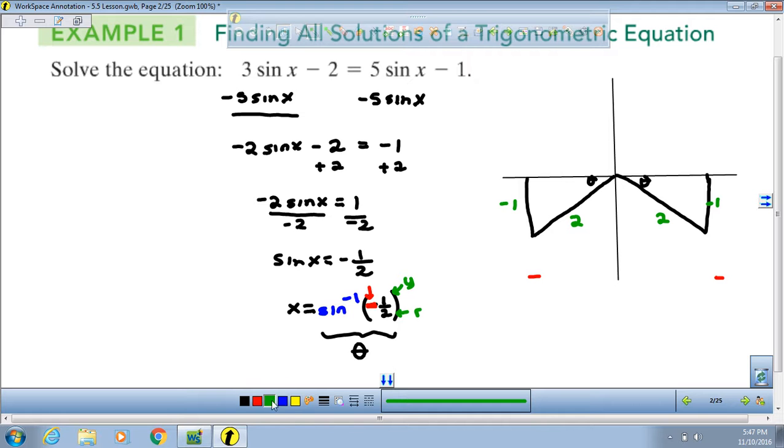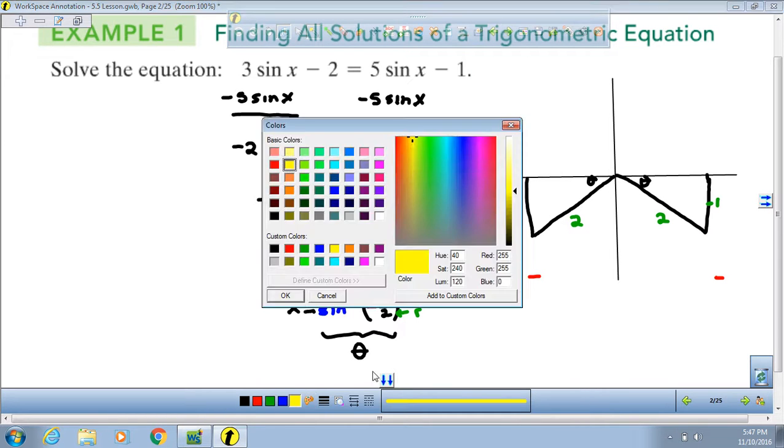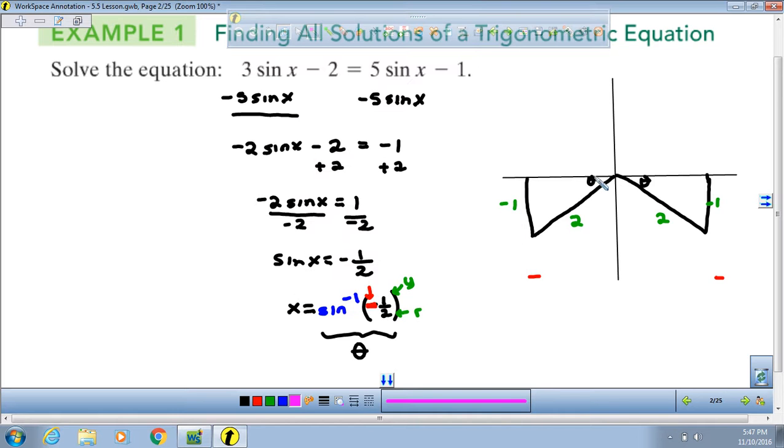So now we need to determine what reference angle will make that happen. What kind of angle will have an opposite side of negative 1 and a hypotenuse of 2? The other side is radical 3, so this one has to be a 30-degree angle, right? Also a 30-degree angle right here.